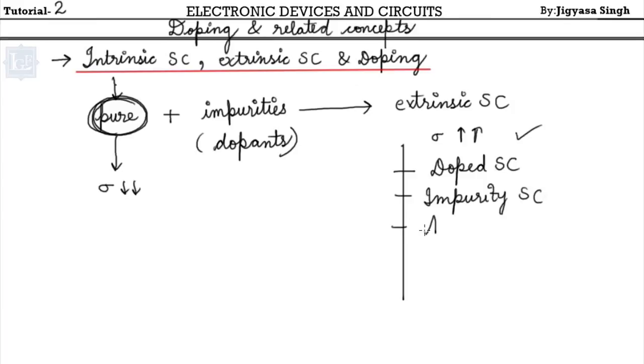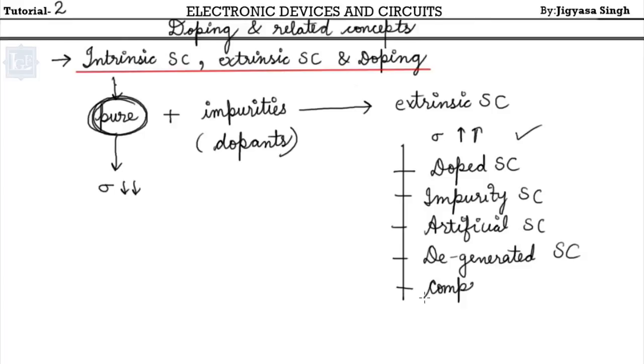This is an artificial semiconductor, because we think that the intrinsic is natural, so this has to be artificial. And this is also known as degenerated. It can go with any name, that's why I'm writing all the names so that you don't get confused in the exam. And it is also known as compensated semiconductor. Why? Because we are compensating them with dopants.